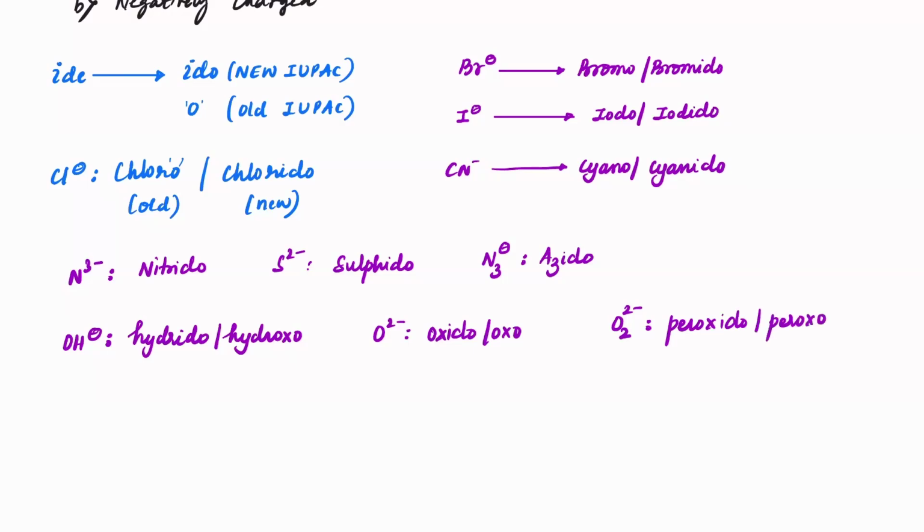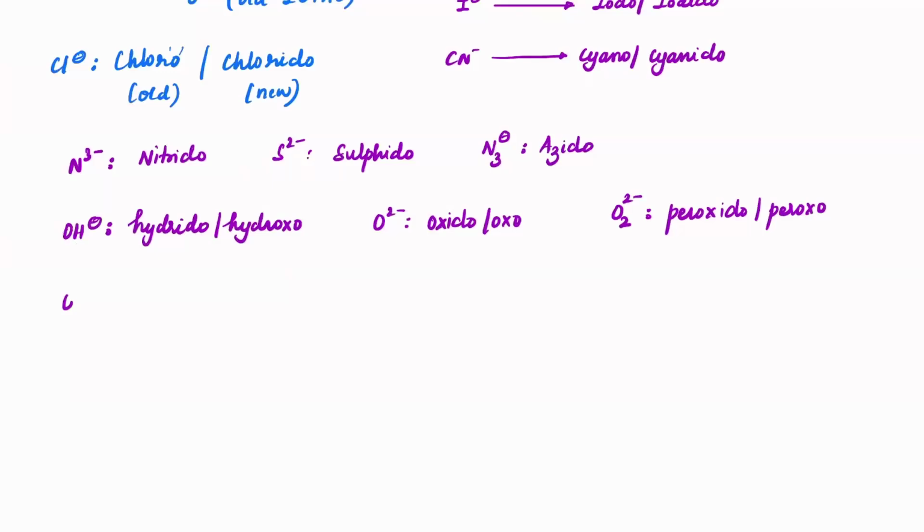And if you have O2 with overall only one minus, that is superoxide, so superoxido, or superoxo. Especially in the case of oxides, common names are very often used, so oxo, peroxo, and superoxo are used.